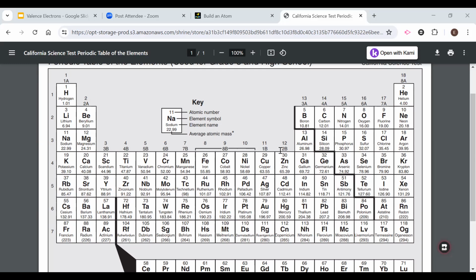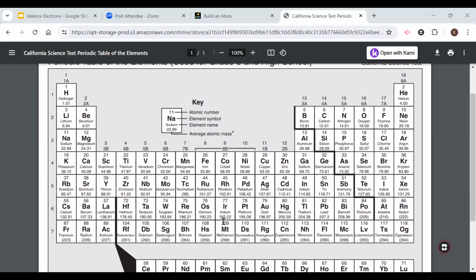Now we have B's. Then we have 3A, 4A, 5A, 6A, 7A, 8A. There are 8 groups that make up this section. So these groups 1A through 8A, excluding this transition metal section, are called main group elements.